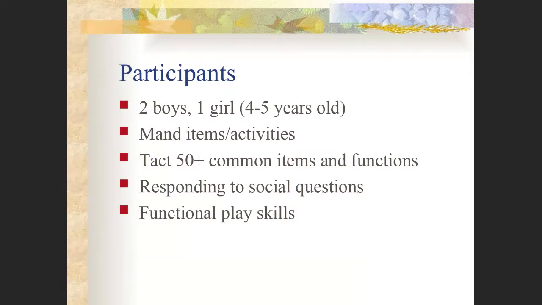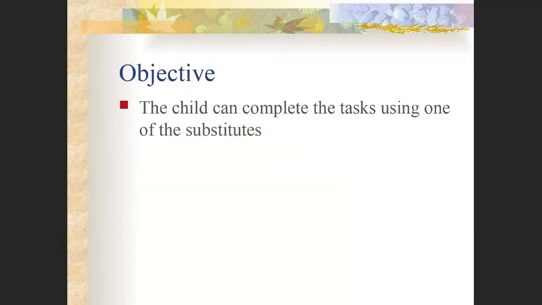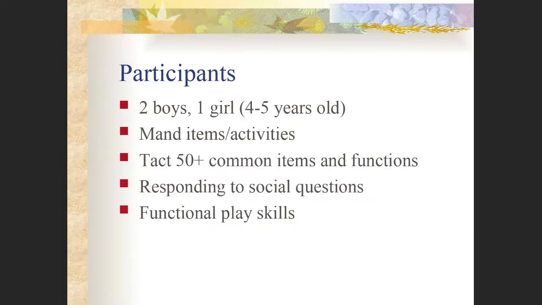In this study, the participants were 2 boys and 1 girl, and they could request their preferred items, and they could label or identify at least 50 different common items and their functions.